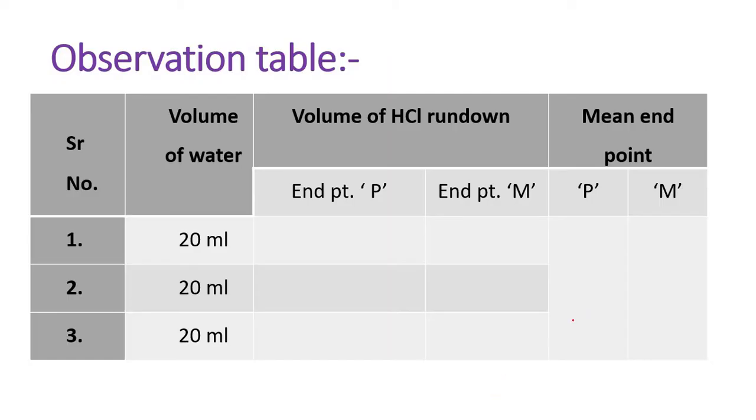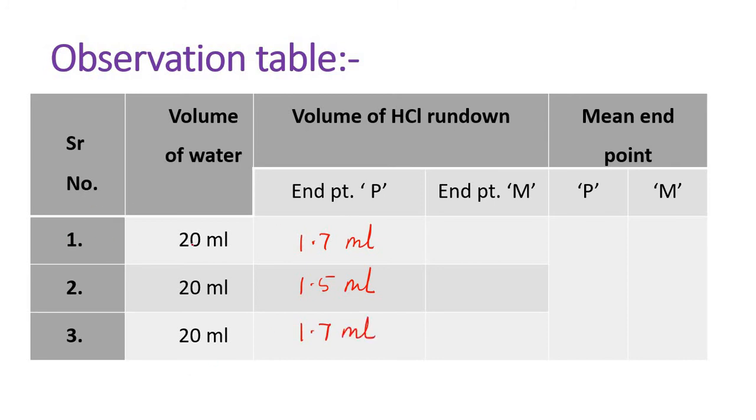This is the observation table. Suppose I have taken a 20 ml water sample for the 3 readings. So if I write the endpoint P, that is the phenolphthalein endpoint, suppose the first reading is 1.7 ml, the second reading is 1.5 ml, and the third reading is 1.7 ml.